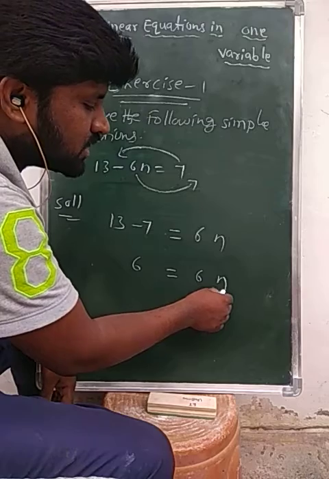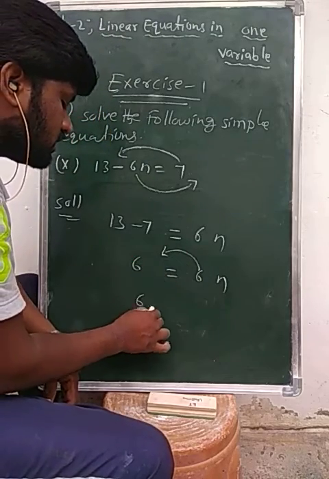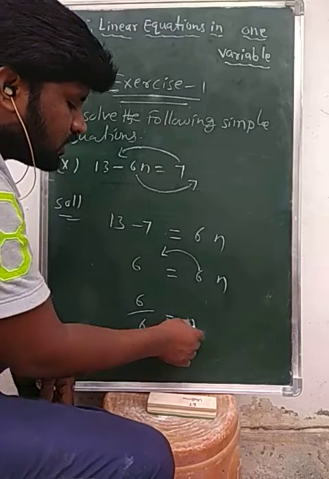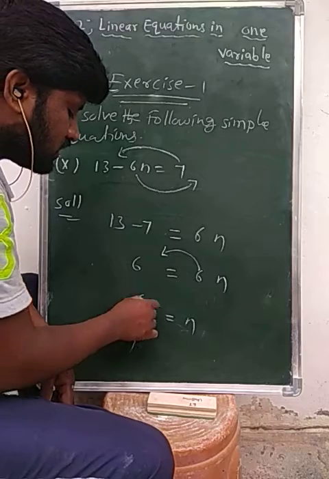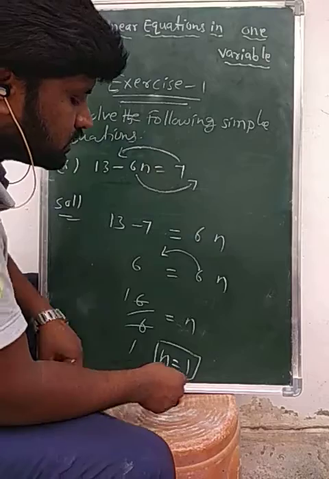6n means we can understand it as 6 into n. Okay, when we transpose 6, the into quantity becomes a division quantity. n equals 6 by 6. 6 1s are 6, 1s are. Clearly we get n equals what? n equals 1.